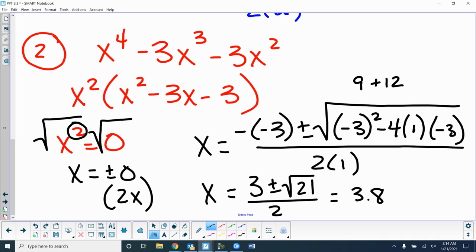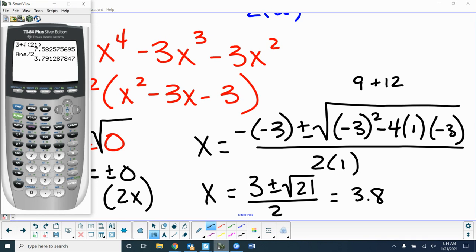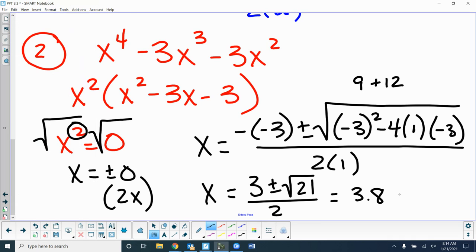That's okay with me. And then do the minus. Negative 0.79 or negative 0.8. If you use your calculator, got those two decimals, I will accept that.